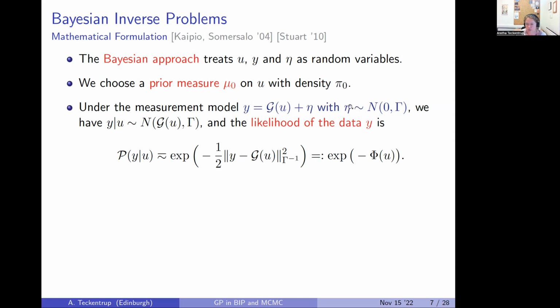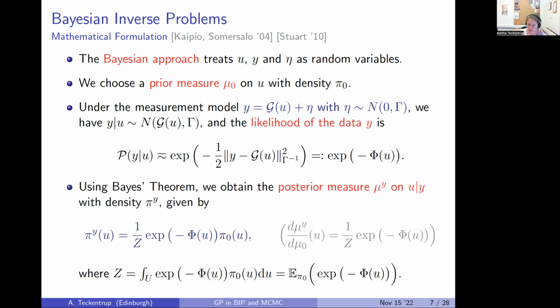And so assuming that the observational noise is Gaussian with mean 0 and some covariance matrix gamma, Y given U is just the same Gaussian, just with G of U added onto the mean. And so we get this form for the likelihood here, where I've hidden the constant because it's not that important to us.